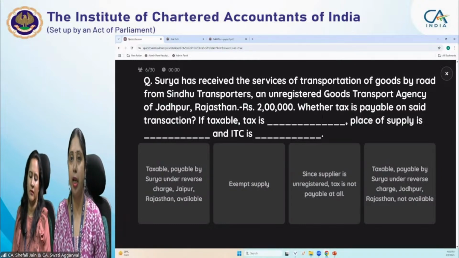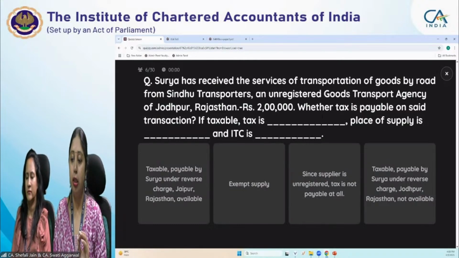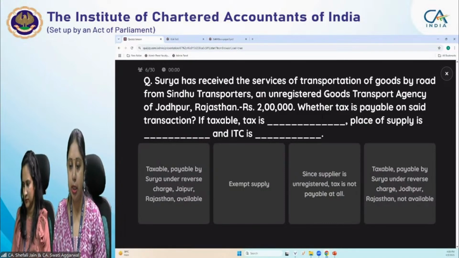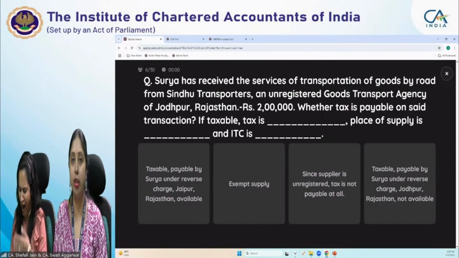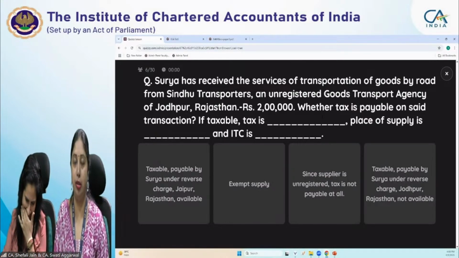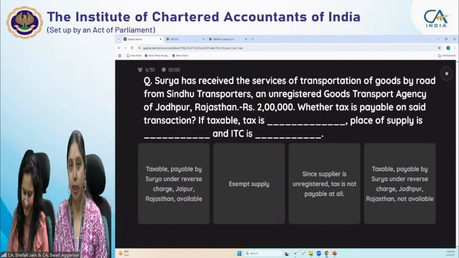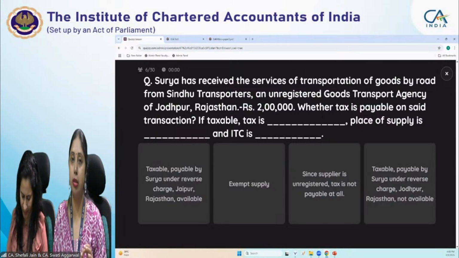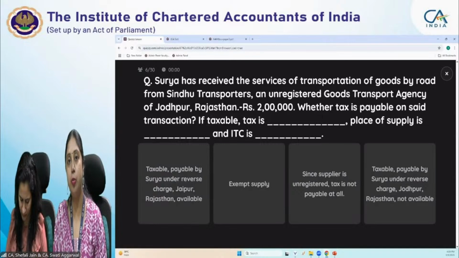In this case, the place of supply is the location of the recipient, because for the place of supply of transportation of goods, where your recipient is a registered person, when you are getting the goods transported and your recipient, that is Surya, is a registered person, then the location of the recipient will be the place of supply.